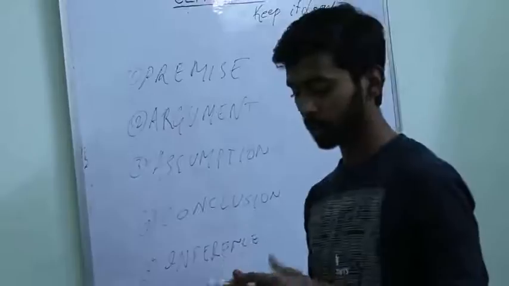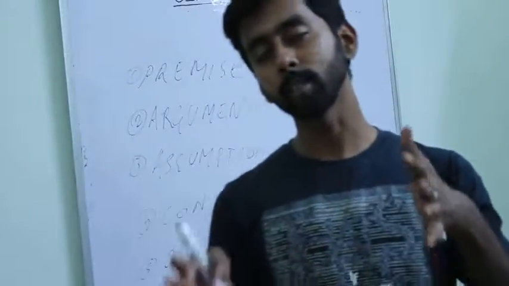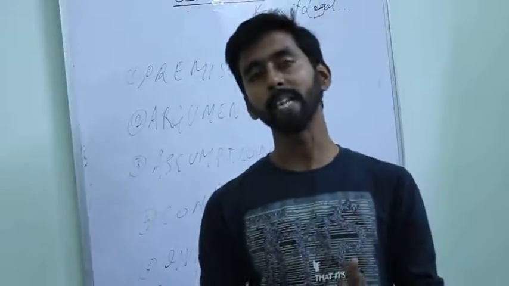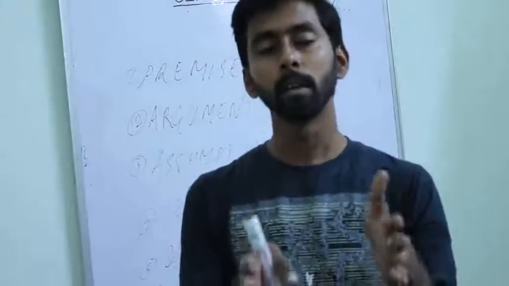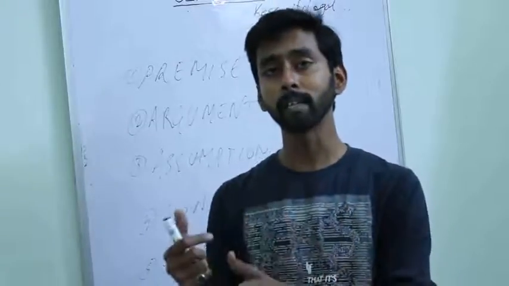Number four, conclusion. Number five, inference. So these are the 5 important terminologies that you will be facing while dealing with any question of critical reasoning or the application of logic.